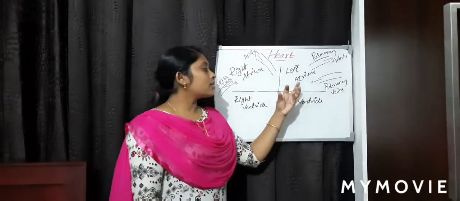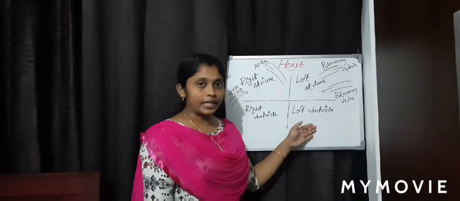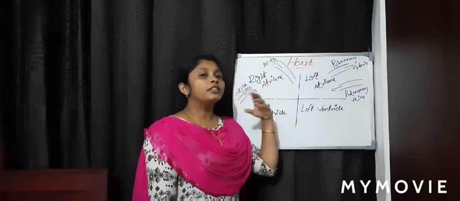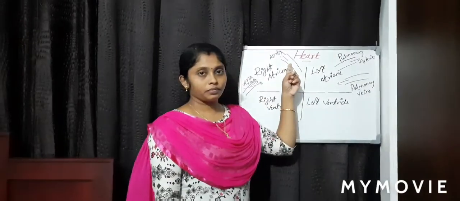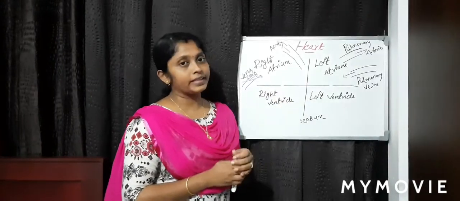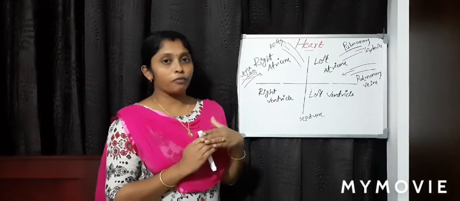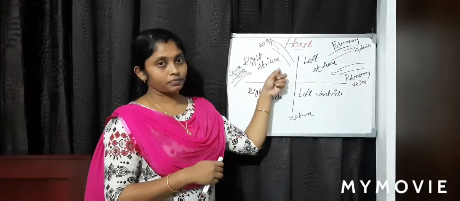From this left ventricle, the oxygenated blood is transported into the different parts of our body through the aorta. This valve helps to prevent the backward movement of blood from the ventricle to the atrium.